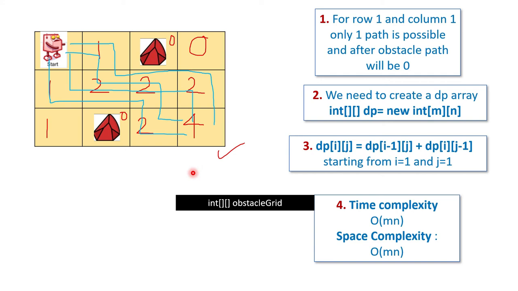Maybe the program writing time, it will be a bit different. You have to use some condition, but you can make use of this obstacle grid and solve this problem. That time there is no extra space required, and you can finish this problem in O of 1 space. Now let's see the coding.